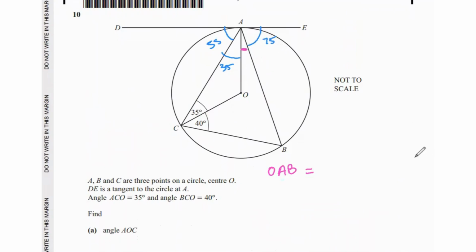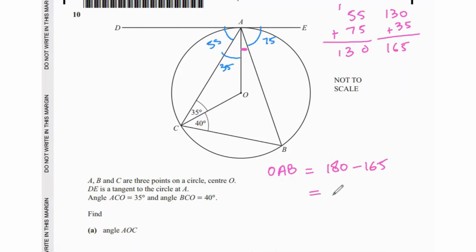That will give us the remaining angle. So 55 plus 75 is 130. And then 130 plus 35 is 165. So we do 180 minus 165, which is equal to 15 degrees. So angle OAB is 15.